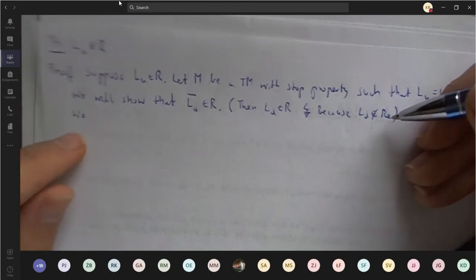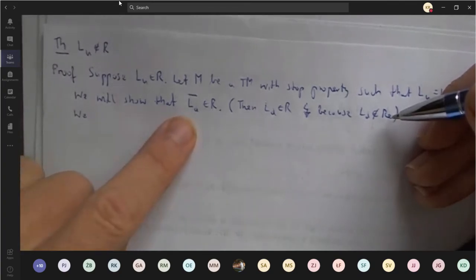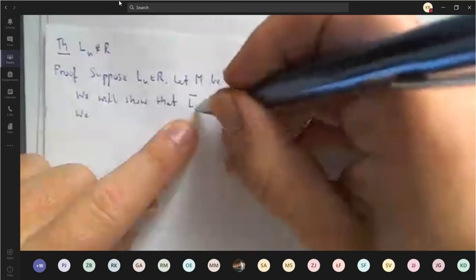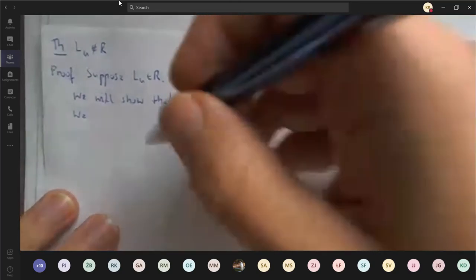Okay, so now I will prove that under this assumption, the complement of the diagonal language is recursive. How?